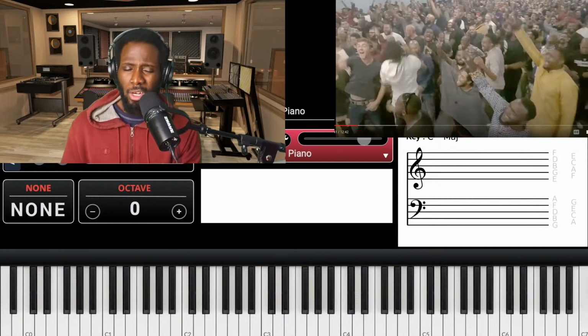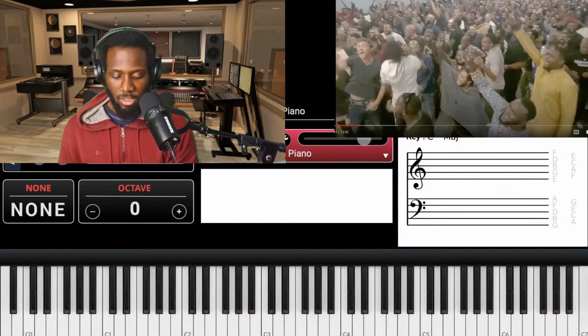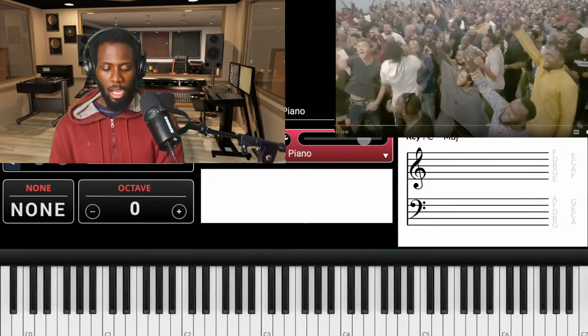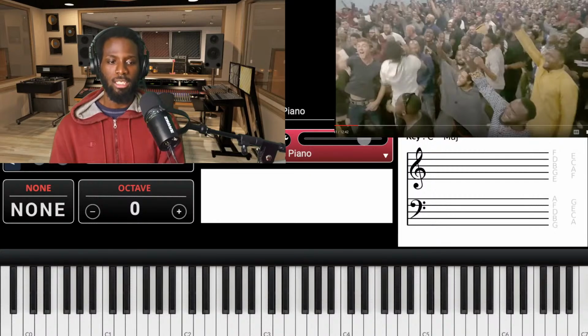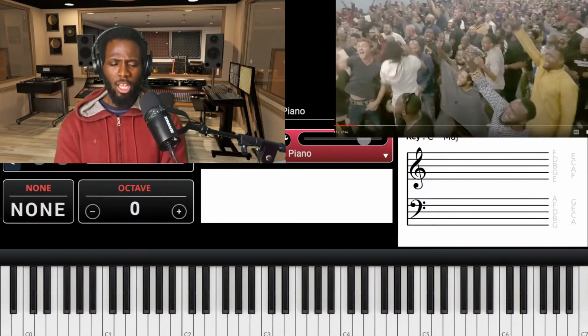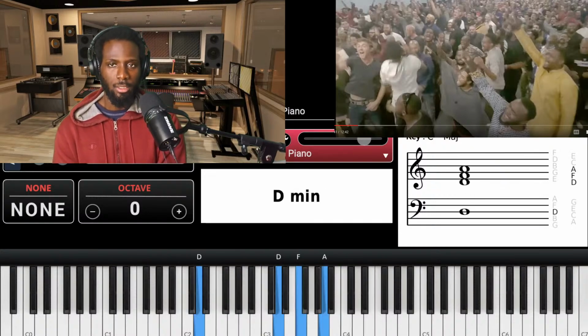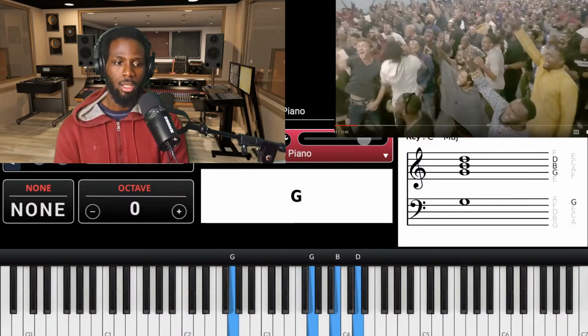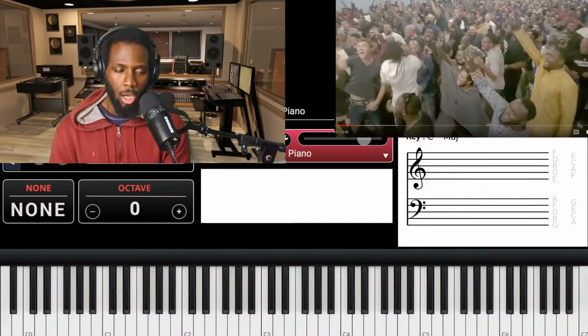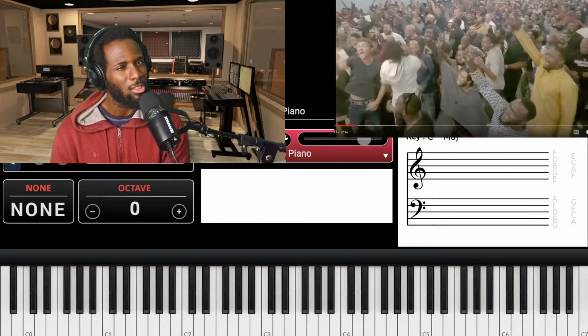Now, when you really think about it, which is quite interesting, let me give you some theory behind why this works. I'm going to move it up a couple of octaves so that you guys can see. If we were playing it the normal way, which is A to the F, then to the D, then to the G, when we play the chorus and you eliminate the D, you start to realize it does not change the song that much.